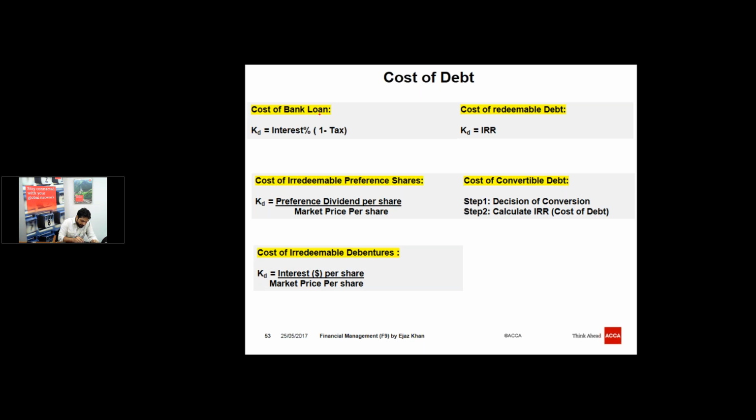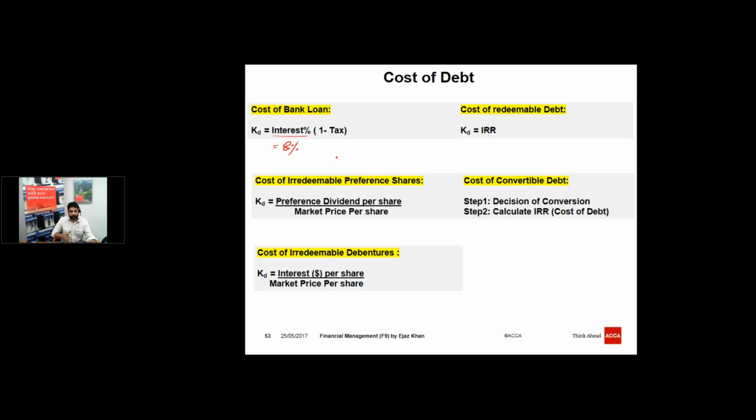First of all, the cost of bank loan. Remember, a bank loan will have no market value. It is not a tradable debt. So there will be no market value incorporated in the cost of debt. All you have to do is take the interest percentage. Say, for example, a bank is asking for 8% interest per annum. But if we pay 8% interest, it will reduce our tax liability because interest is a tax allowable expenditure.